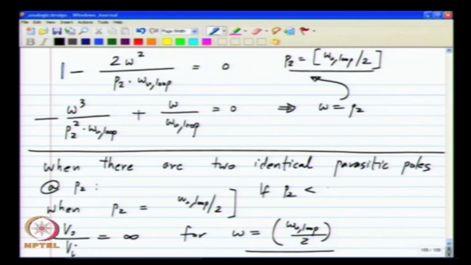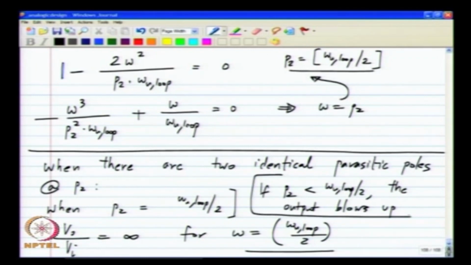So, this is the condition, and it can also be shown that if P2 is smaller than this, the output blows up. If P2 equals this, you will have a sinusoid at the output even without an input, and it will be constant in amplitude, and if P2 is smaller than this, the ringing or the sinusoid will keep growing in amplitude and will never die down.